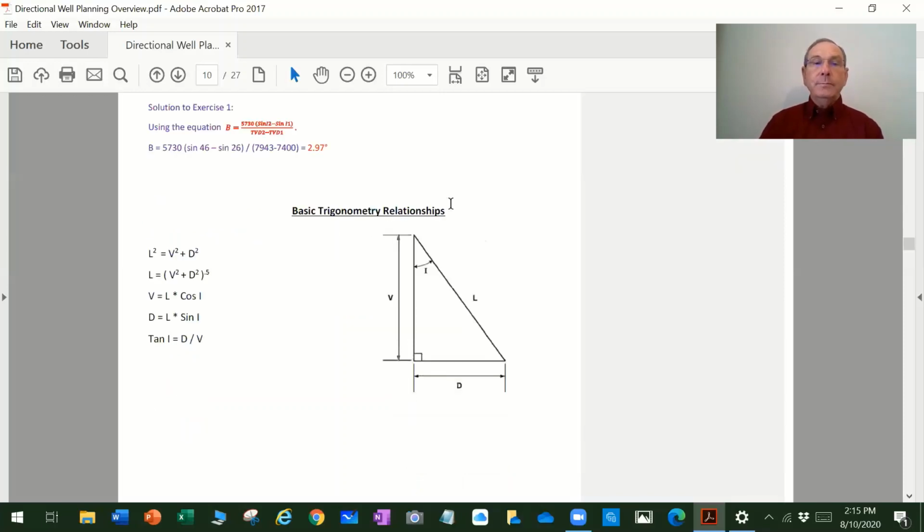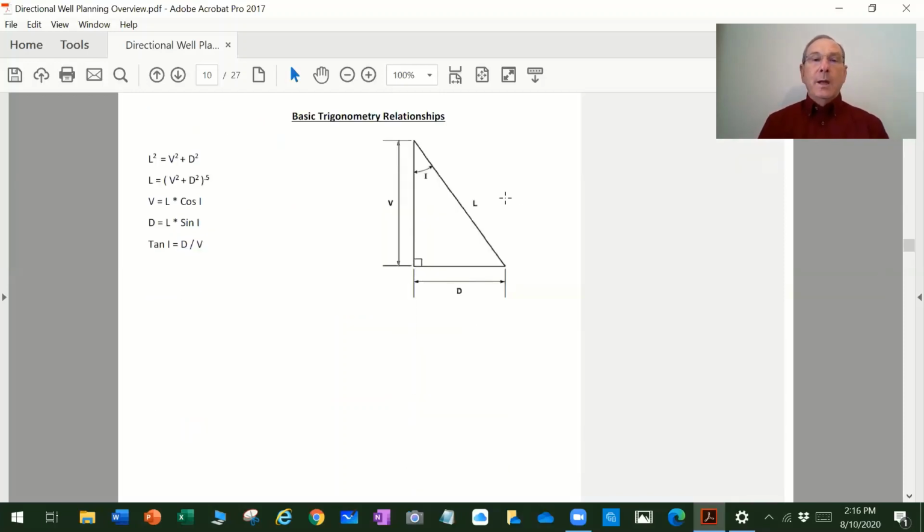And then here's just a basic triangle with the trigonometric relationships that you need to know. The hypotenuse is the square root of the sum of the squares of the other two sides, which are the vertical distance and the change in displacement.